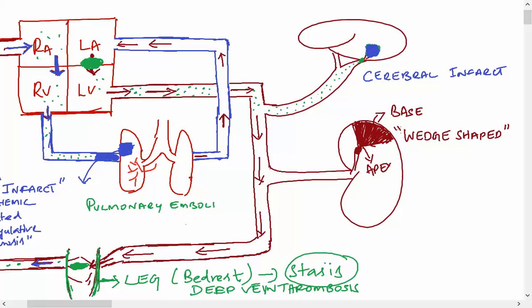Okay, and the blocked blood vessel will be at the apex. See, the blocked blood vessel is at the apex.